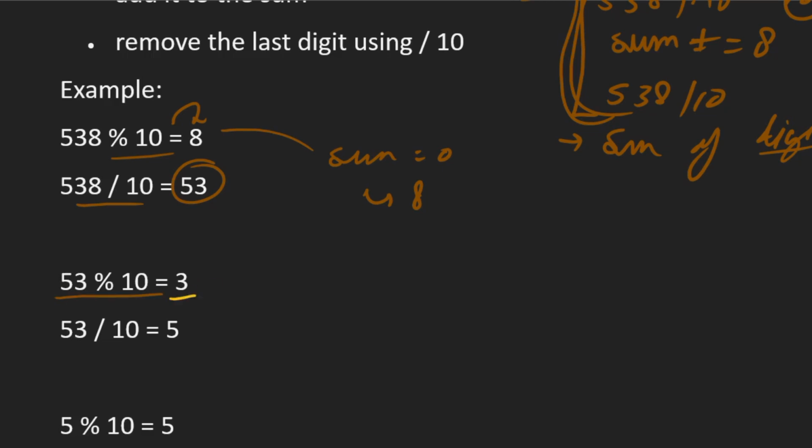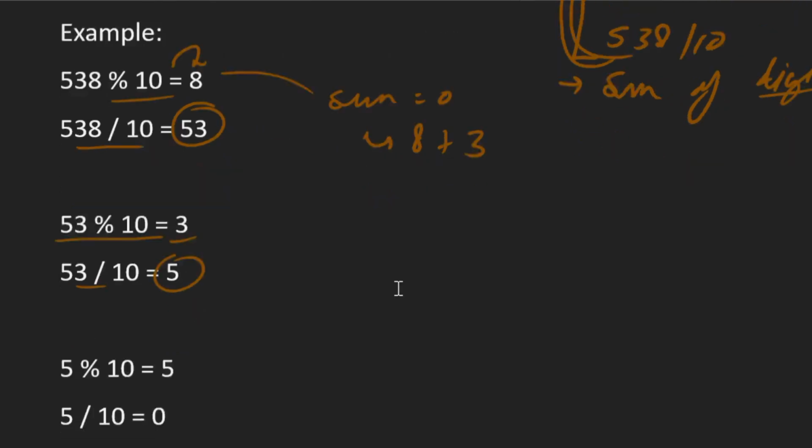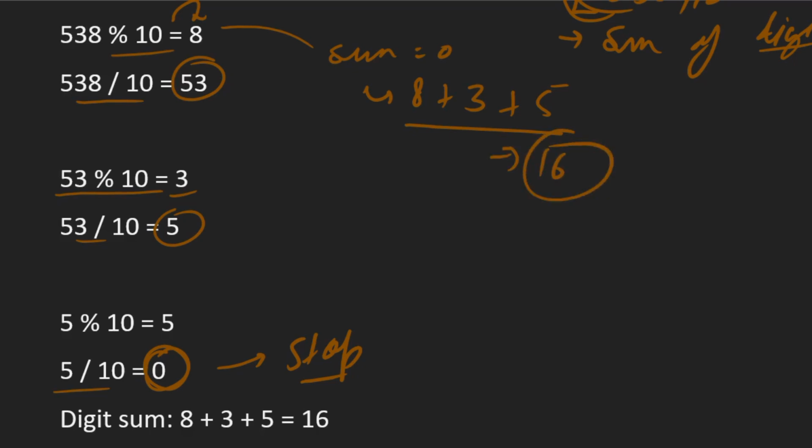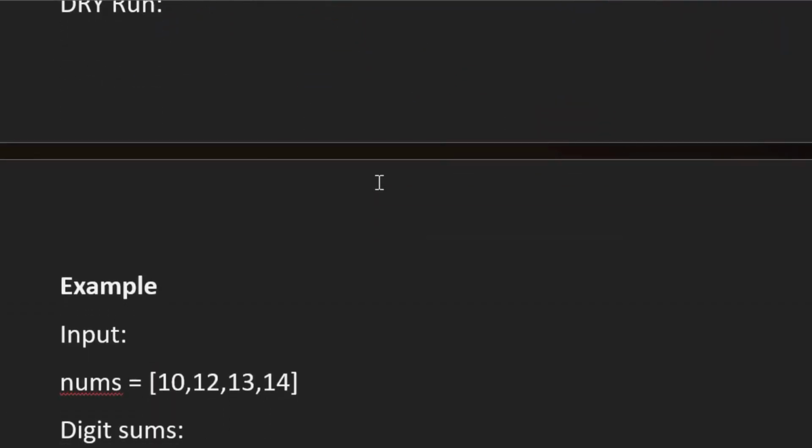Again 53 modulo 10 will give us 3, so 8 plus 3, again divide by 10, it will become 5. Then again 5 modulo 10 will give us 5, and when we divide it by 10, now it becomes 0, so we have to stop. So the sum of digits is 8 plus 3 plus 5, which is 16. So in this way we'll find the sum of the digits.